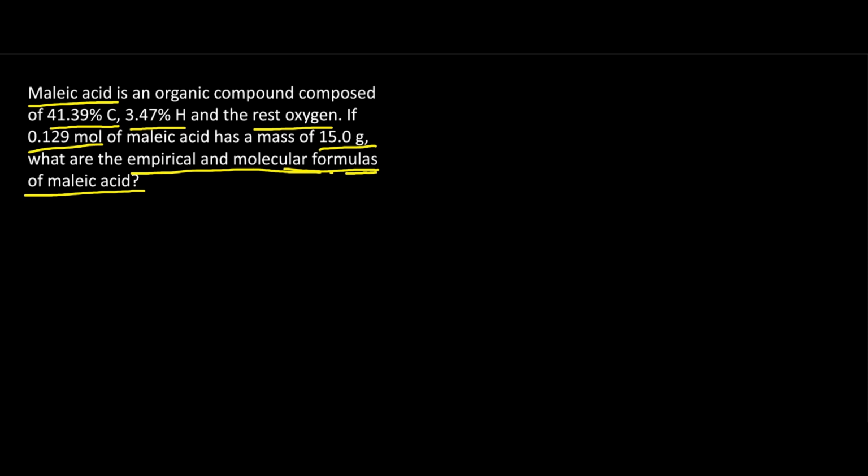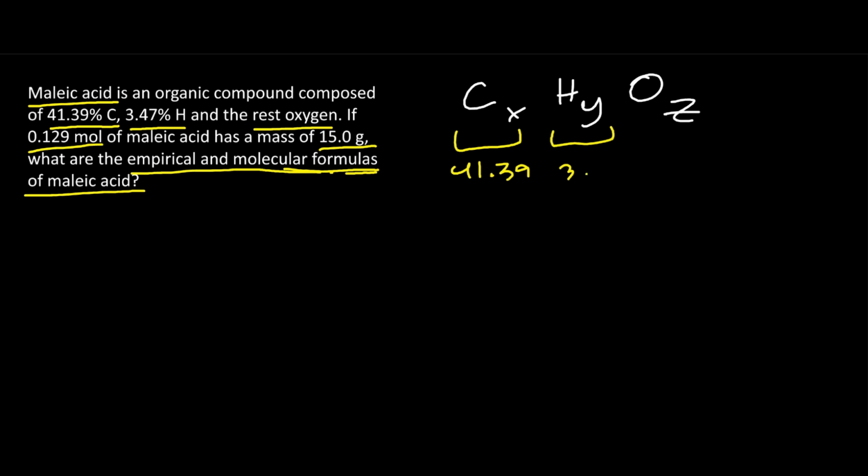Based on the information given, malic acid is comprised of some amount of carbon, so let's say X, some amount of hydrogen, Y, and the rest is oxygen, Z. We need to find the empirical and molecular formulas. Carbon makes up 41.39% of the compound, hydrogen makes up 3.47%, and oxygen makes up the rest.